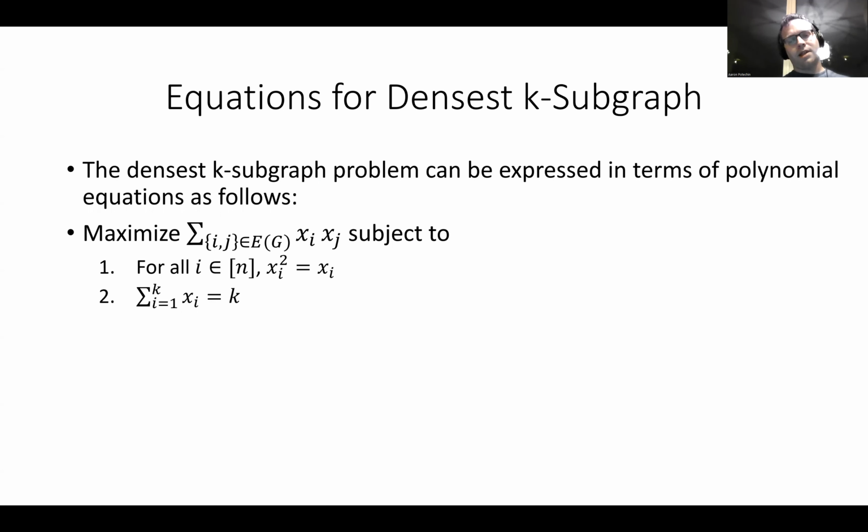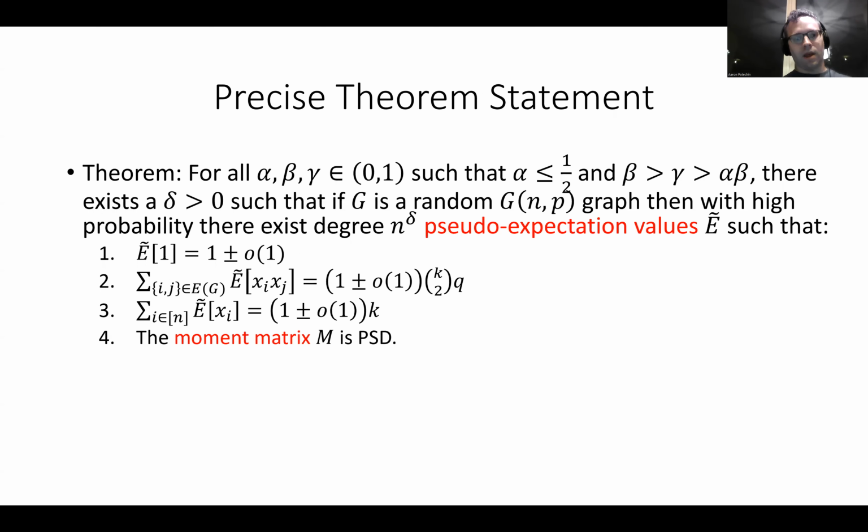So now, in the densest k-subgraph problem, we're trying to maximize the sum over the edges ij in E(G) of xi times xj, as this gives the number of edges contained in the subgraph, subject to: for all i in [n], xi squared equals xi. This says every vertex is either in the subgraph or not in the subgraph. And the sum from i equals 1 to n of xi equals k. This says that the subgraph has size k.